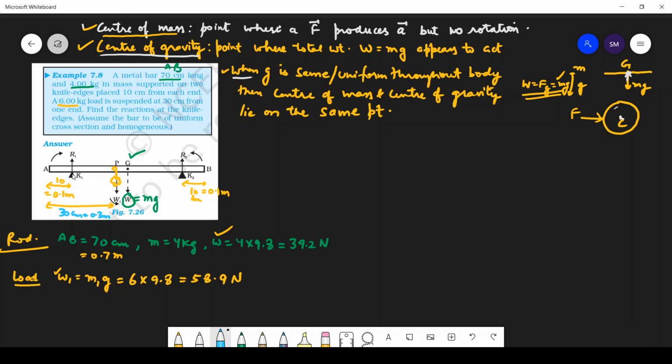So the rod applies force on the knife and the knives apply force on the rod. According to Newton's third law, equal and opposite forces are applied. So we have reactions R1 and R2, and we have to calculate these forces. Our target is to find R1 and R2.